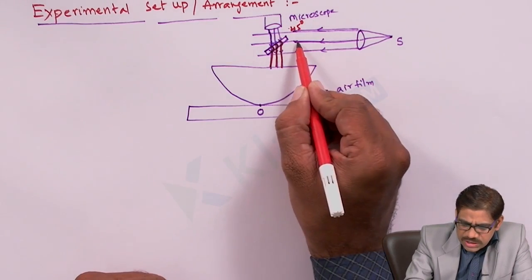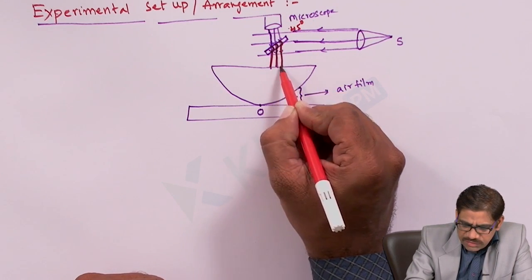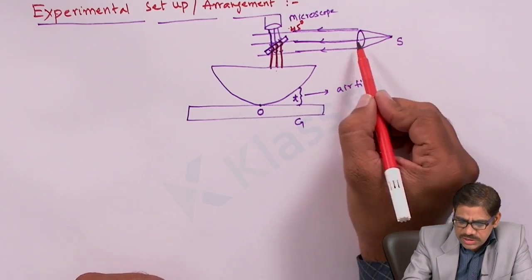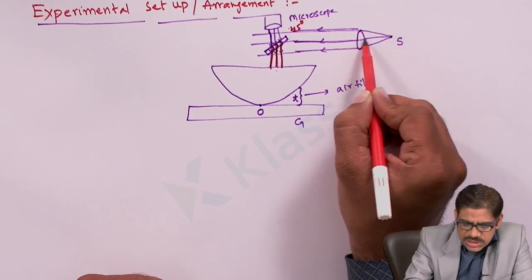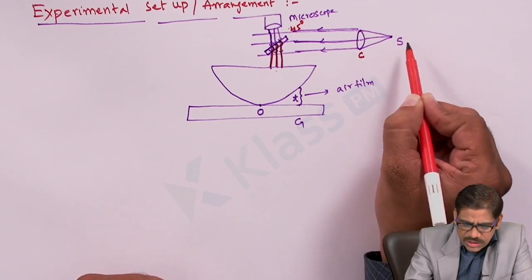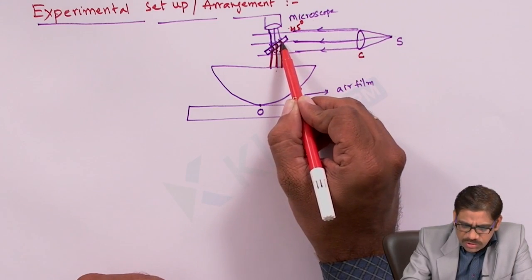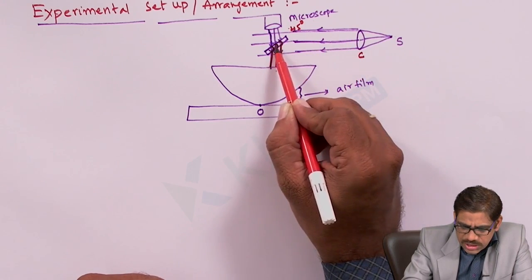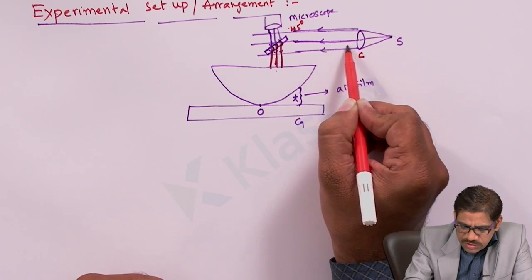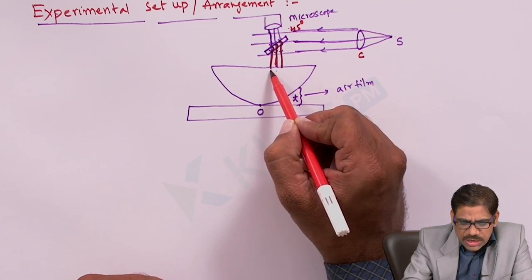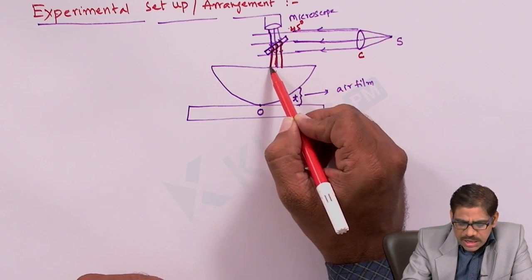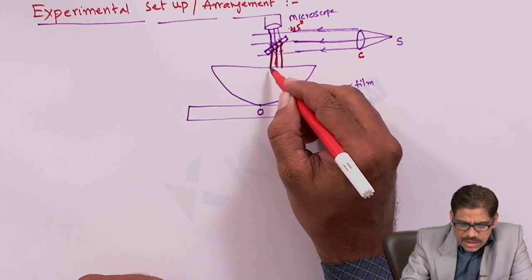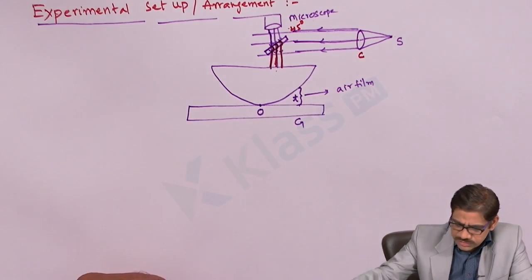The light rays will fall onto this, get deviated and get reflected back onto the convex surface. So these are the light rays coming out from the source. This is your convex lens C, and from where the light will come over here and get reflected onto this surface, and the other ray comes over here and falls onto this surface. The one which is coming over here will fall and occupy the area on the plano convex surface. So, this will go downwards as well, like this.